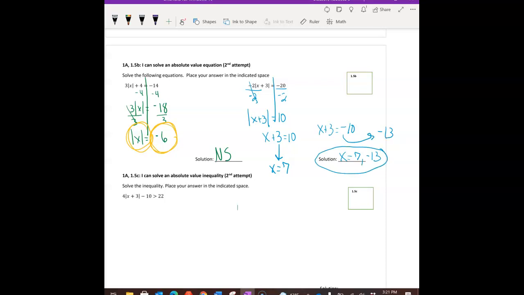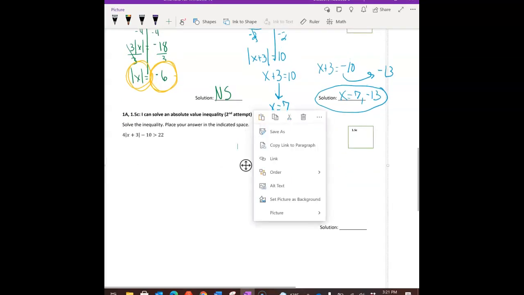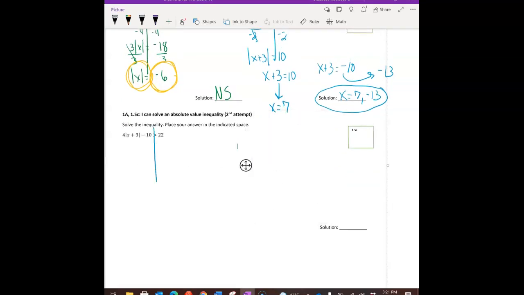That means something else. On the inequality, I'm going to do the same thing. I'm just going to ignore the inequality. I'm going to add the 10 first. So when you add 10 to 22, you get 32, and then I'm going to divide by that 4, and when I take the 32 and divide by 4, I get an 8, and now I'm going to make my 2 equations, once with 8, once with -8.